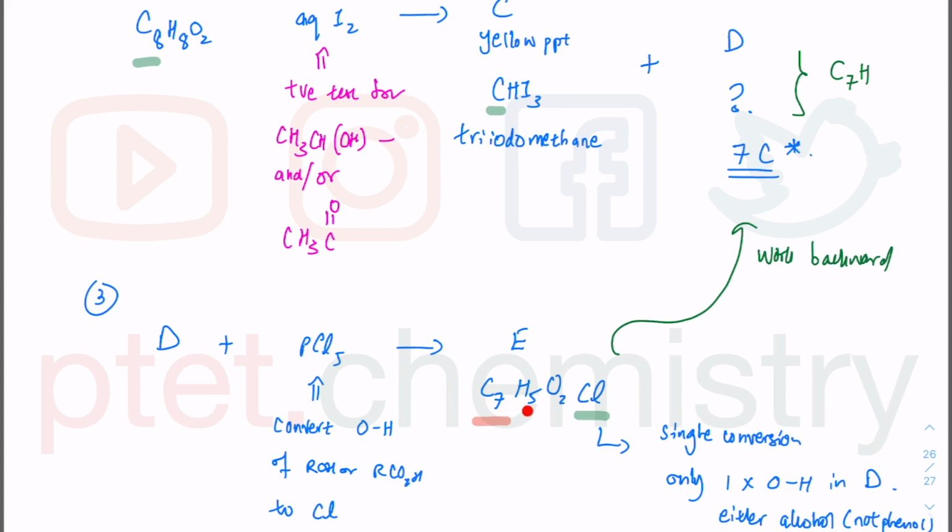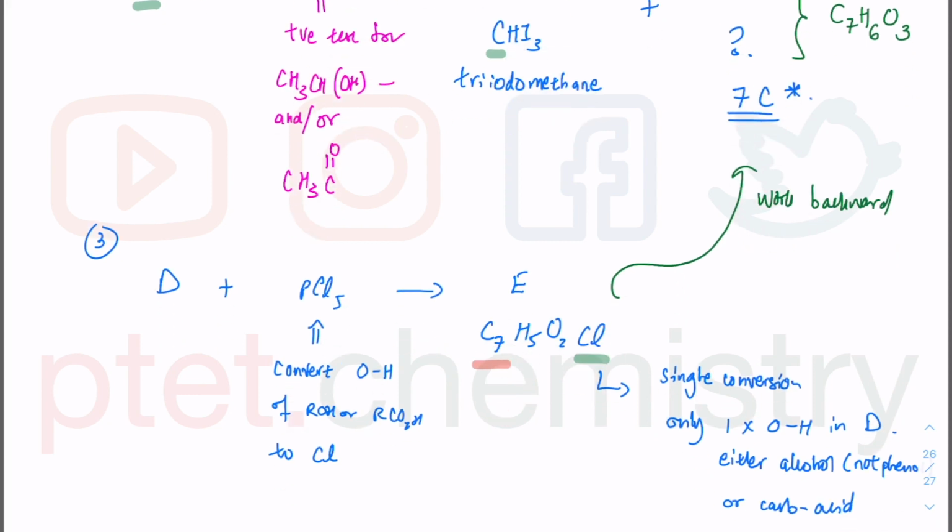Then I'll have H6 because I have 1 extra hydrogen. And I will remove the OH just now, so I have O3. So D is going to be that because I removed the OH and replaced it with Cl, so I removed 1 H, that gives me 5, I removed 1 O, that gives me 2, and then replaced the OH with the Cl. So it's just 1 hydroxyl OH group, which could be carboxylic acid or alcohol.